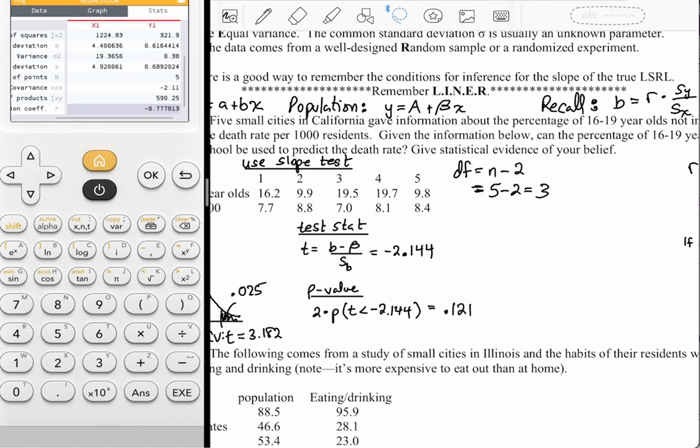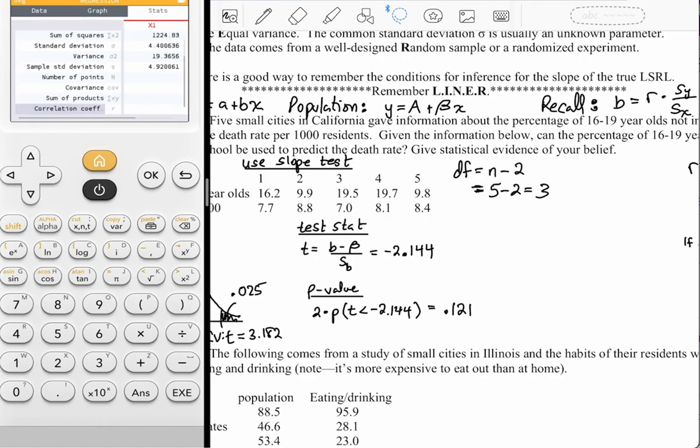So it's kind of flirting with the idea of having a strong relationship. Let's see, anything else from here? If they wanted you to state the correlation coefficient, you can get it from here too.